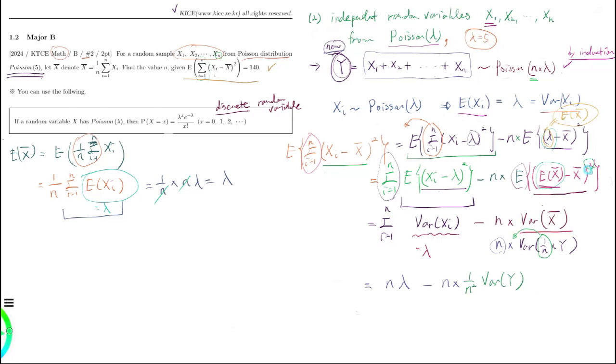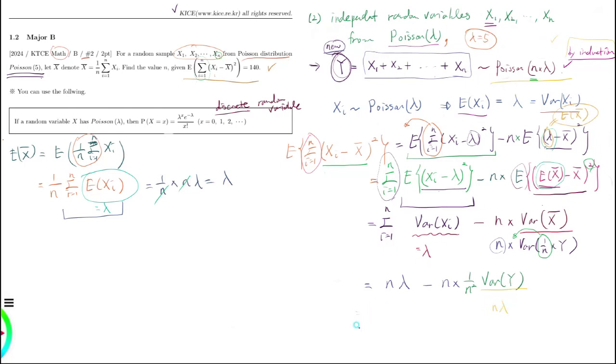Since we square each deviation, 1 over n should be squared. So it has 1 over n square, and by the property of this one, which I will show you later by mathematical induction, the variance is the new parameter n times lambda here.